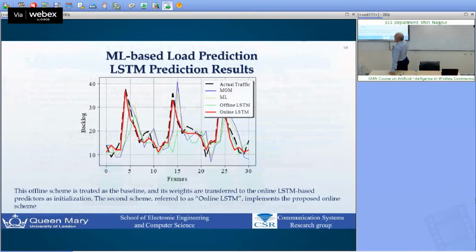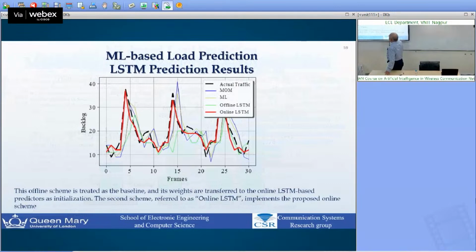The offline parameters theta are fed to the online LSTM network. The online one is the actual real network. The offline one is the one predicted earlier using the training data, so offline does not predict the actual load.